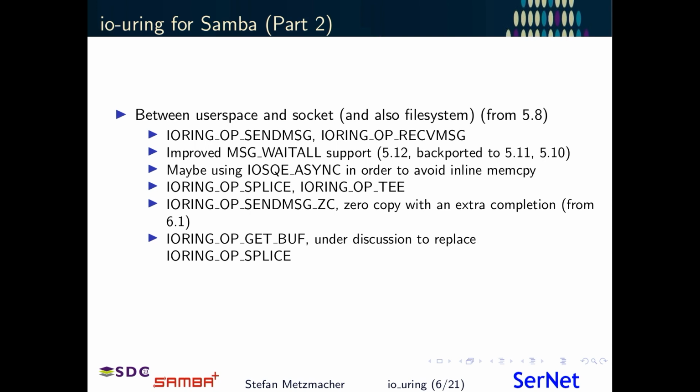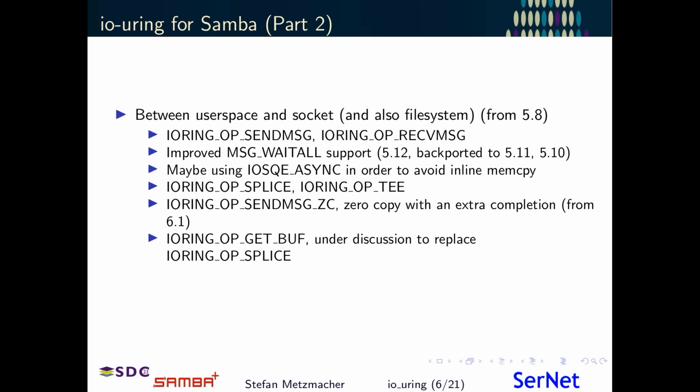And also if that's not possible, you will break possible batching. So you can link requests together in order to run them in a specific fixed order. And if the first one fails with that, then it will not continue. That makes it easier for user space to deal with.